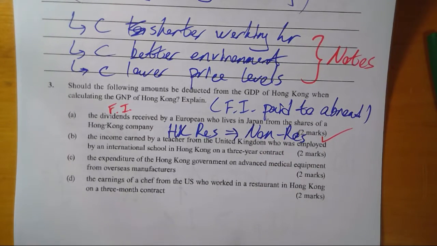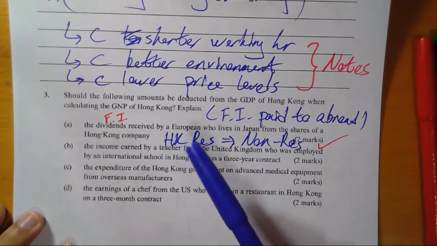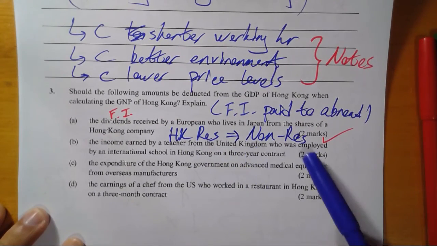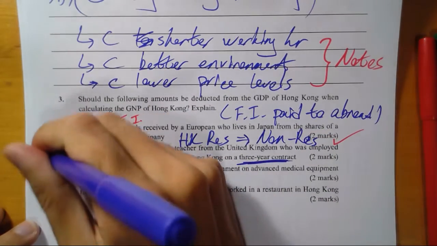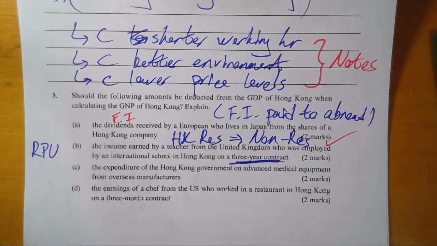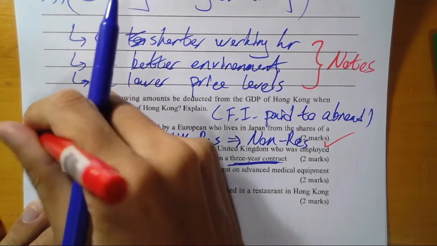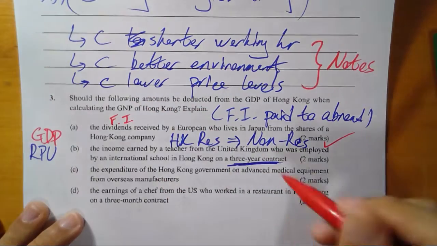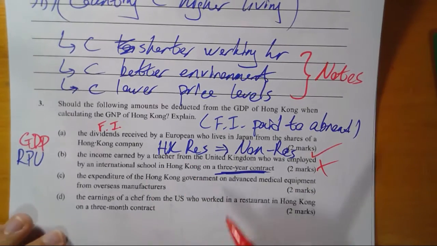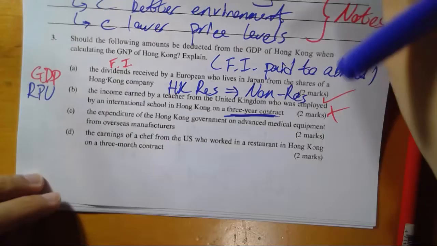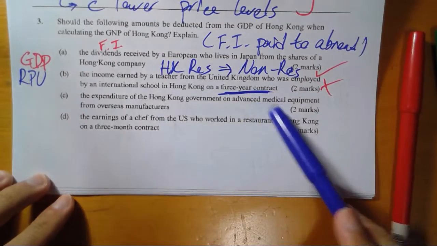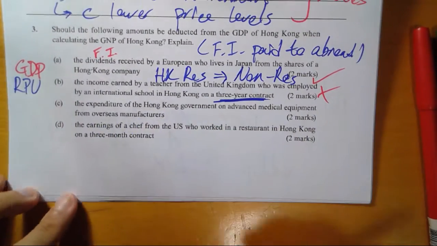It should be deducted. Now, second, income earned by a teacher from the UK employed for a 3-year contract. What does 3 years mean? This is already a resident. When resident, this is counted in GDP. No need to deduct it from GDP to calculate GNI. Now C, expenditure on advanced equipment from an overseas manufacturer.